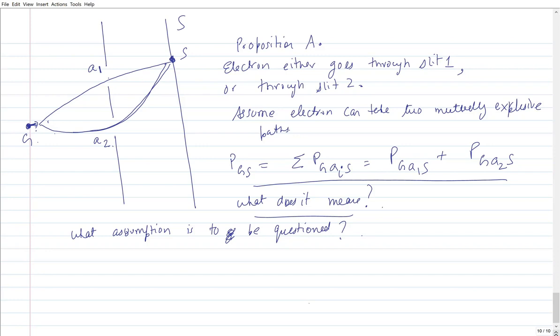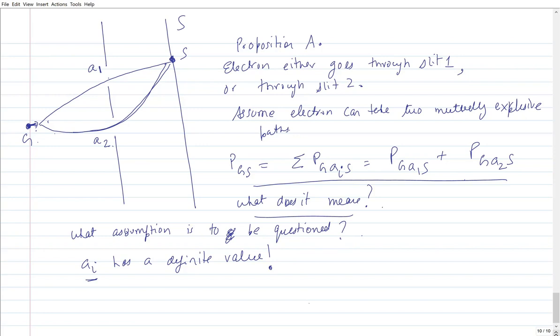Well, the assumption over here is that AI has a definite value. So if AI has a definite value, then I have no other way but to add up these things.